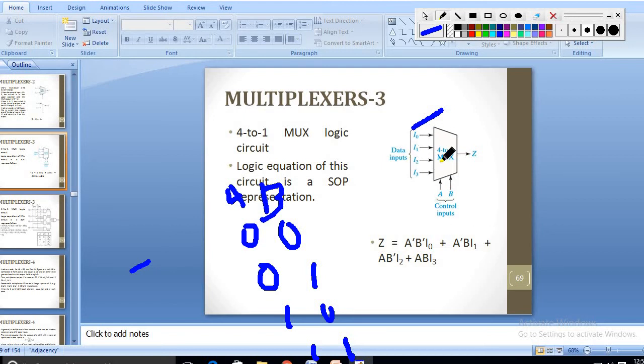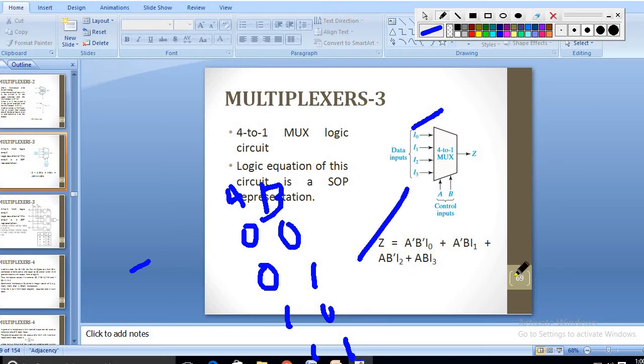If I want to select data input I2, the third input, that is 1 0, so A B bar into I2. The last one is both 1, meaning AB into I3, like that. You have to write the truth table for that, or the expression.